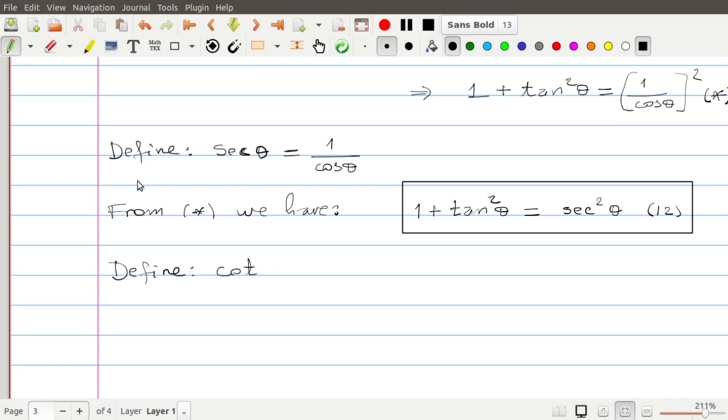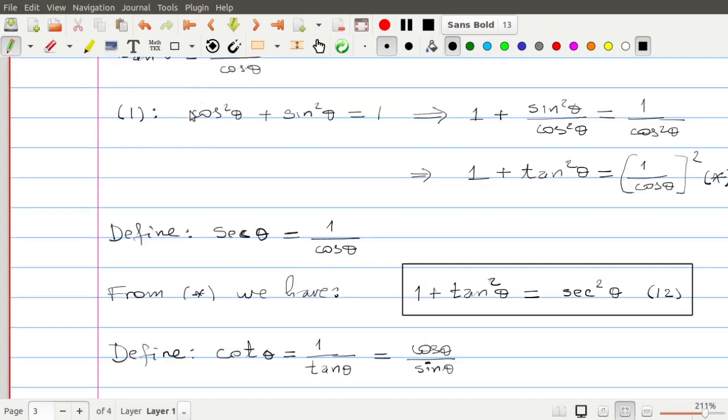Cotangent, we can just write cot like that. So cot theta by definition is 1 by tan theta, of course, which is cosine theta by sine theta.